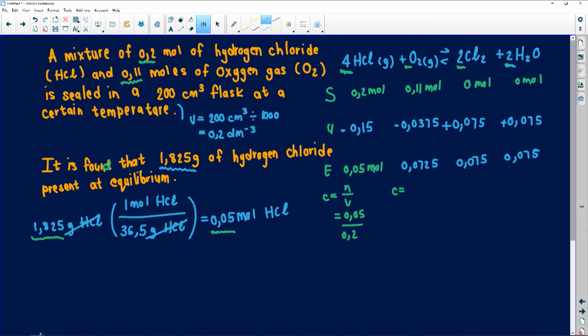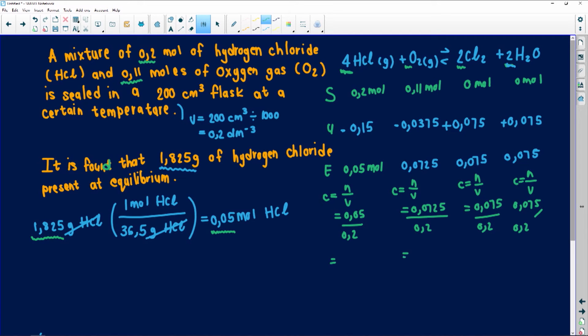On this side, I've got C is equal to N over V. I've got 0.0725 all over 0.2. C is equal to N over V. 0.075 all over 0.2. C will give me N over V, 0.075, just say all over 0.2 so that you can see.